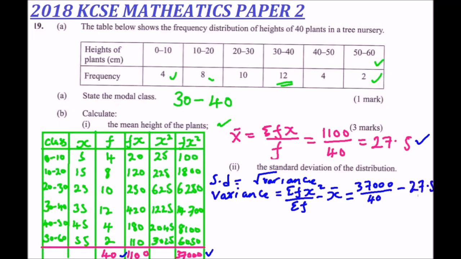So when you work out that, using your calculator, you should be able to get the variance is equals to 168.75.